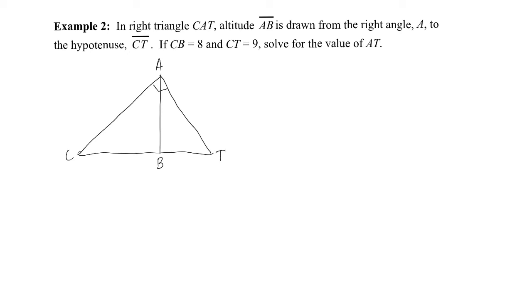It's not a big deal. But this is the picture. I'm going to put in my right angle here since that's an altitude that's perpendicular to CT. So then what do we have? We have CB equals 8, CT equals 9. So that's this entire piece is 9. And then we want to solve for AT. So that's going to be our x.